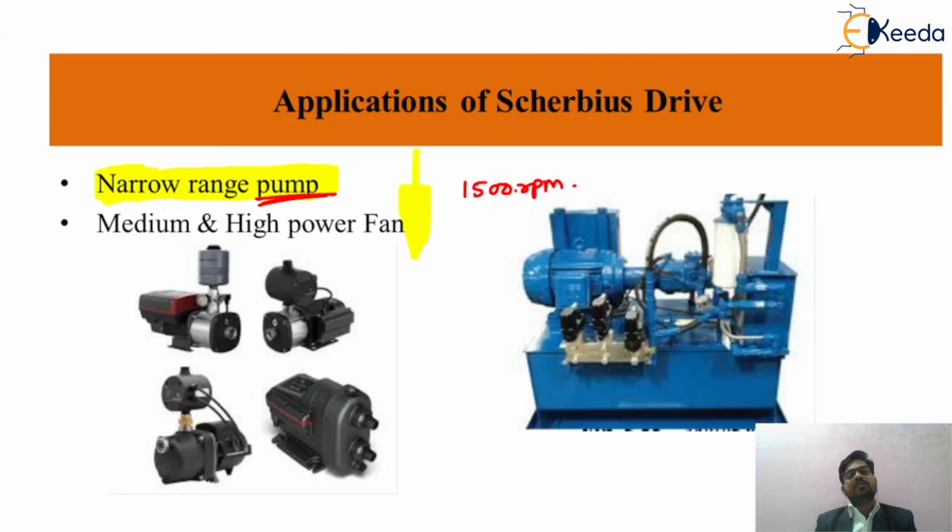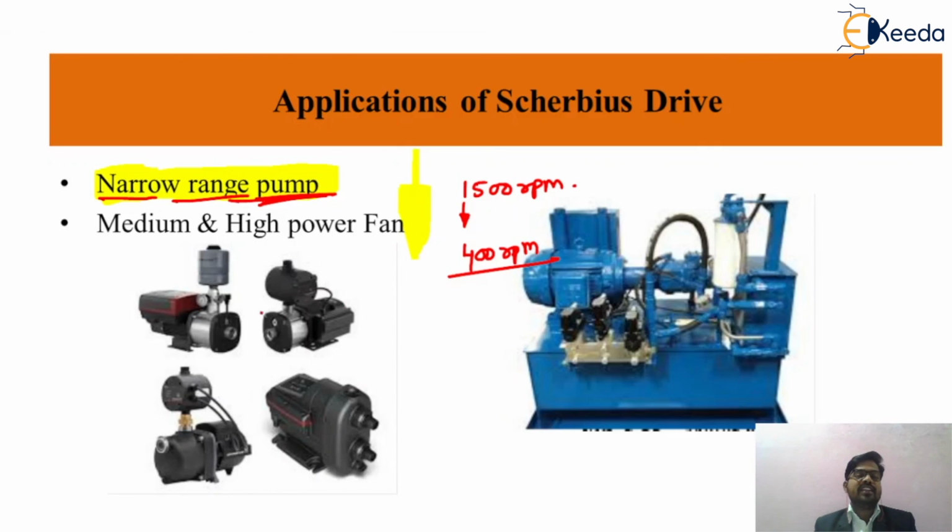If you want speed control below the synchronous speed, or below 1500, say down to 400 rpm, then by means of the static Scherbius drive speed control technique we can get the narrow speed range of your pump. So this is an application of the static Scherbius drive.